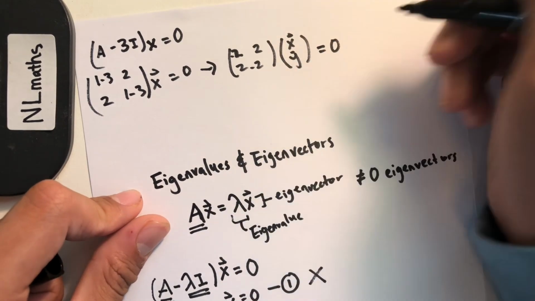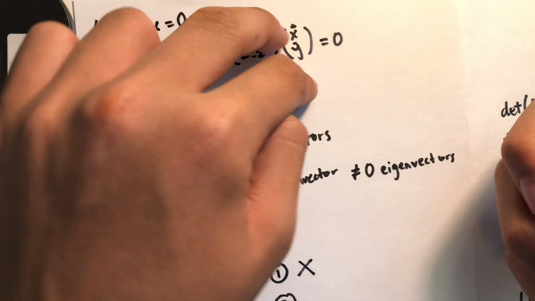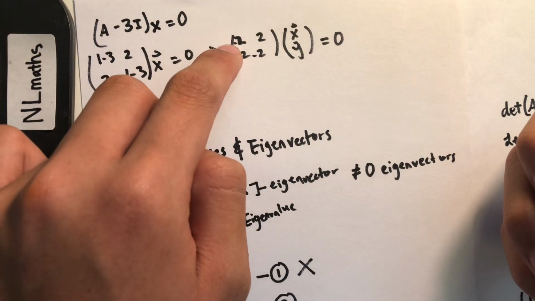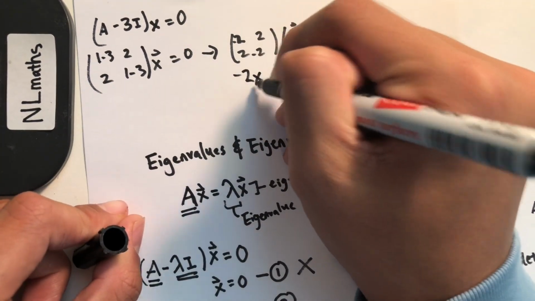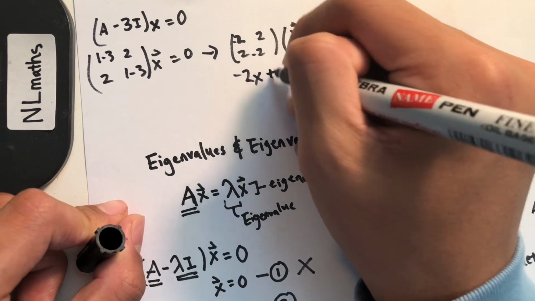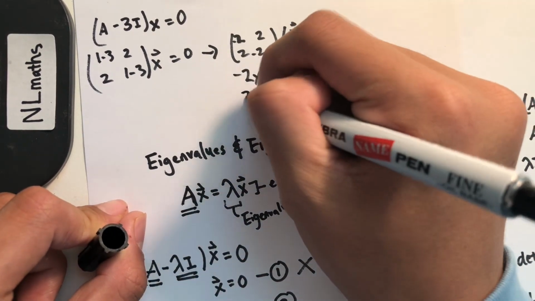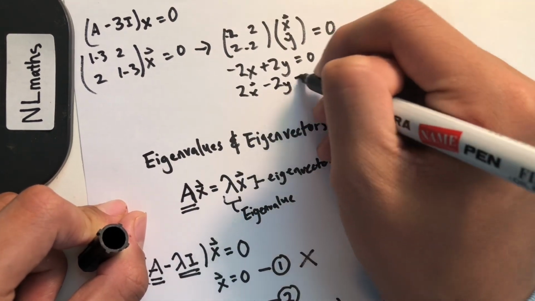And this equals 0. So then what I like to think of it, we can set it up as a simultaneous equation, and we can get x and y. If we flip it, x is concerning the negative 2, y is concerning the 2. So then that means that negative 2x plus 2y equals 0. And that 2x, if we flip it again, minus 2y equals 0.